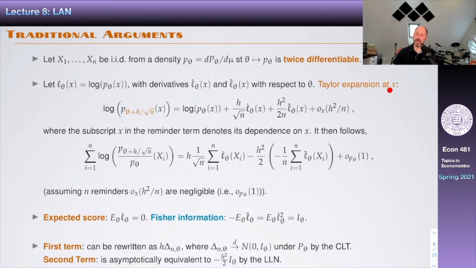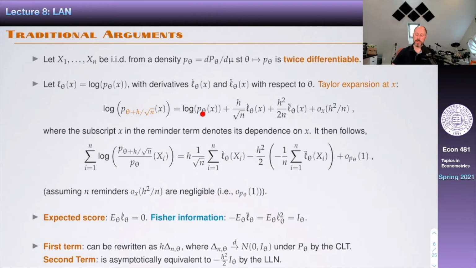Then do a Taylor expansion at x. And this is going to be the log of the density p theta plus h divided by square root n. You're going to do a Taylor expansion around theta. So what is that? That's the log of the density at theta, plus the first derivative times the difference between theta plus h divided by square root n minus theta.